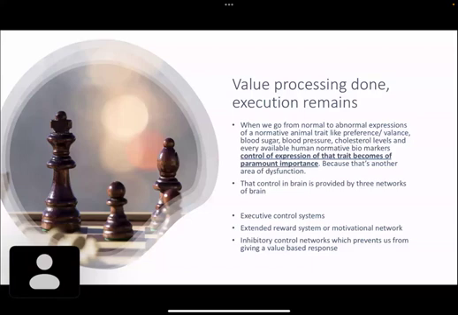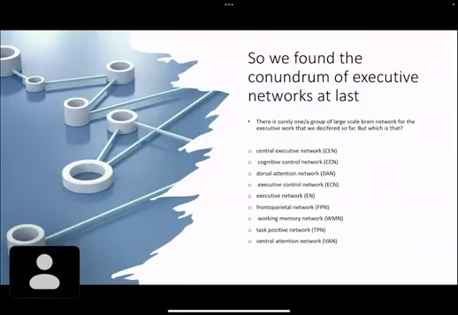This control in the brain is provided by three networks: the executive control system, the extended reward system or motivational network, and the inhibitory control network, which prevents us from giving a value-based response. So we are now in that conundrum of the executive network about which I have talked before multiple times.